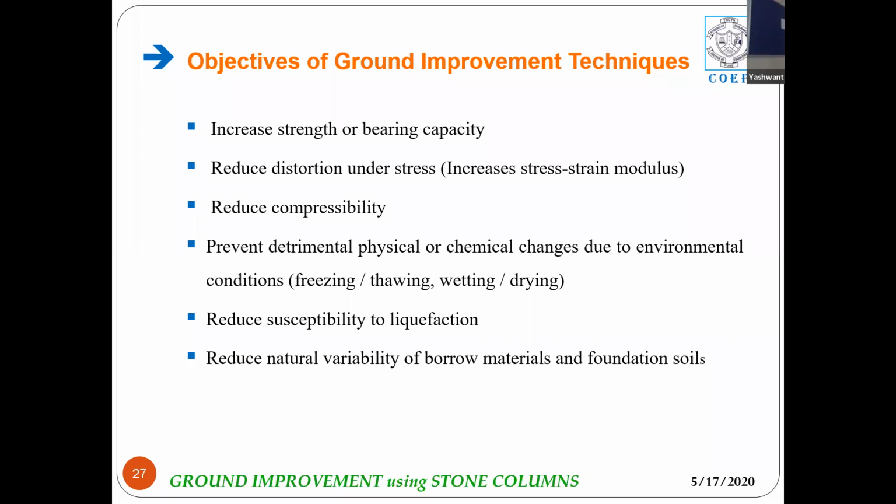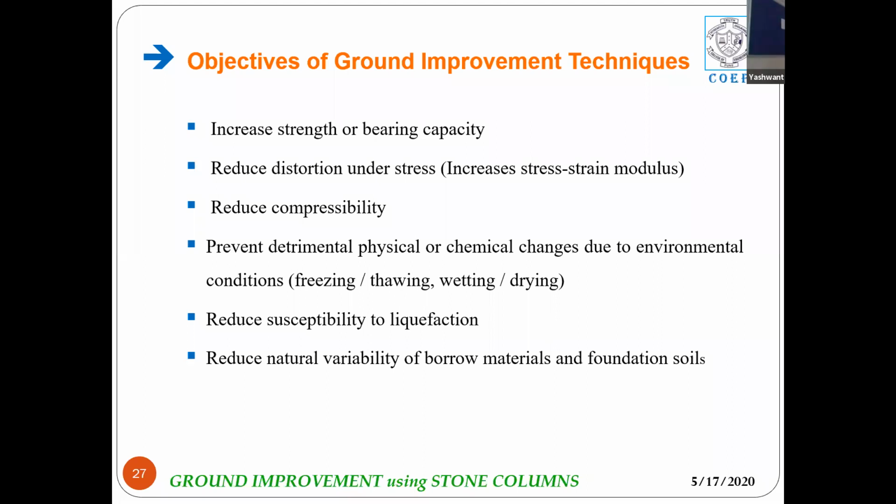So the objectives or the aims: enhancing the bearing capacity, minimizing the distortion under the stresses, reducing the compressibility of the soft soil. Obviously, it's a poor or soft soil. That means it will have a higher void ratio, so it can be easily compressible, and settlements can be reduced or minimized. So we have to reduce the compressibility so that the settlements are minimized.